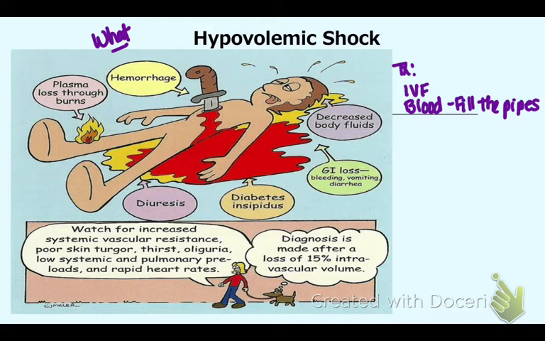So, just remember that we have to treat them with IV fluids, and a lot of times it is normal saline. But also remember, they don't have enough blood in their pipes. So what might we see? We definitely might see some anxiety, restlessness, weak, thready pulse for sure.